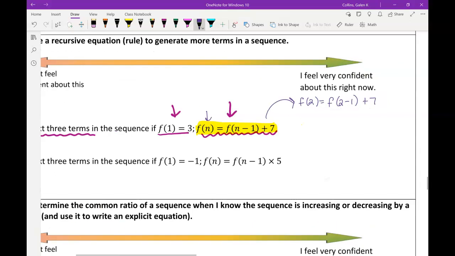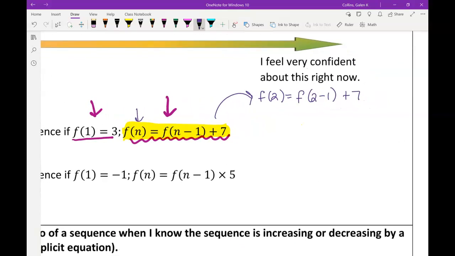All right, so my recursive equation with the 2 plugged in is that f of 2 will equal f of 2 minus 1 plus 7. So I can simplify that. I know that 2 minus 1 is 1. So all that to say, f of 2 is f of 1 plus 7. So that's how the recursive equation or recursive rule works.